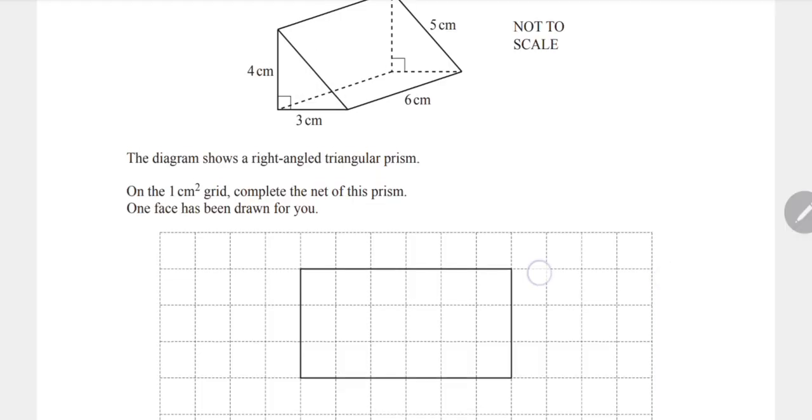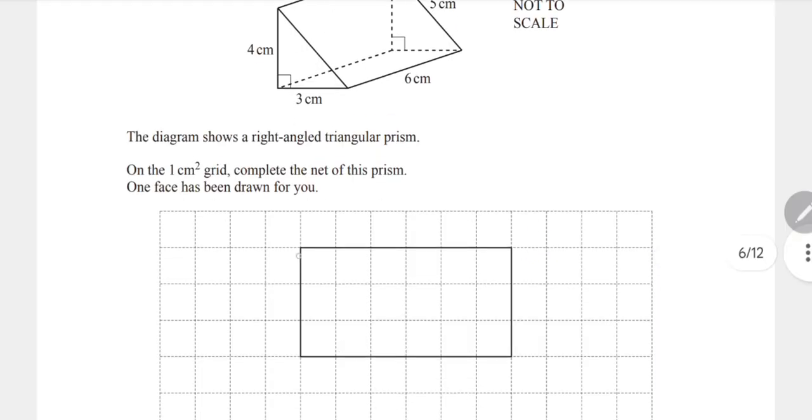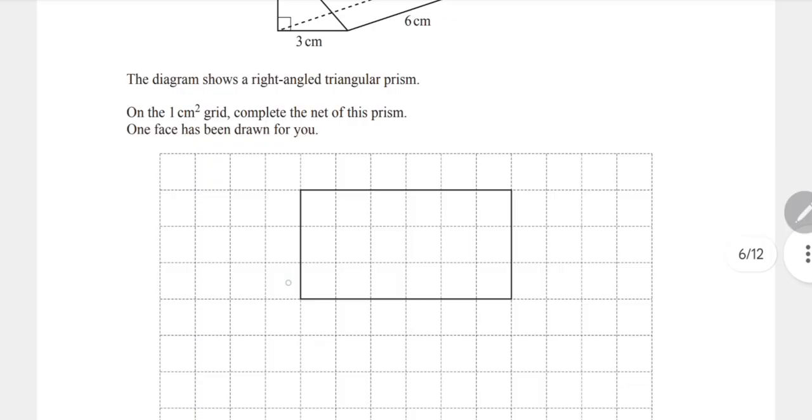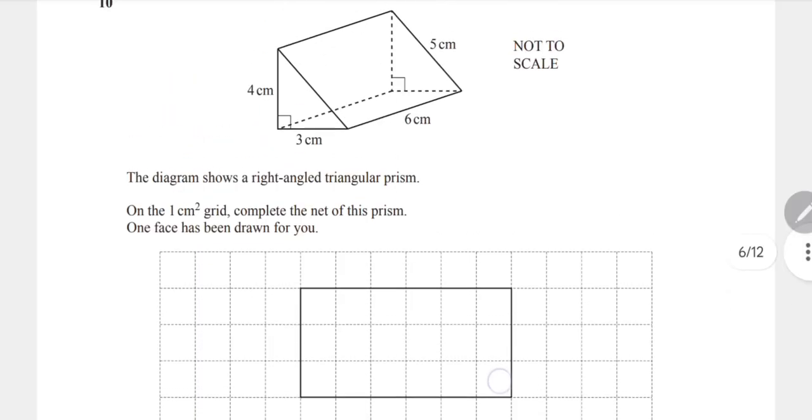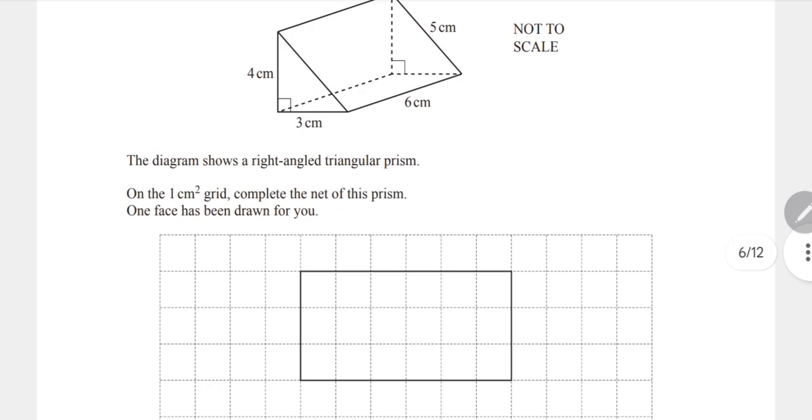So two triangles must be drawn in such a way. It's 3 centimeter, 4 centimeter. Okay, 3 centimeter. I think the bottom is given. So the bottom is given. Okay, this is the base of the triangle. So suppose for this one the 4. So 1 2 3 4.